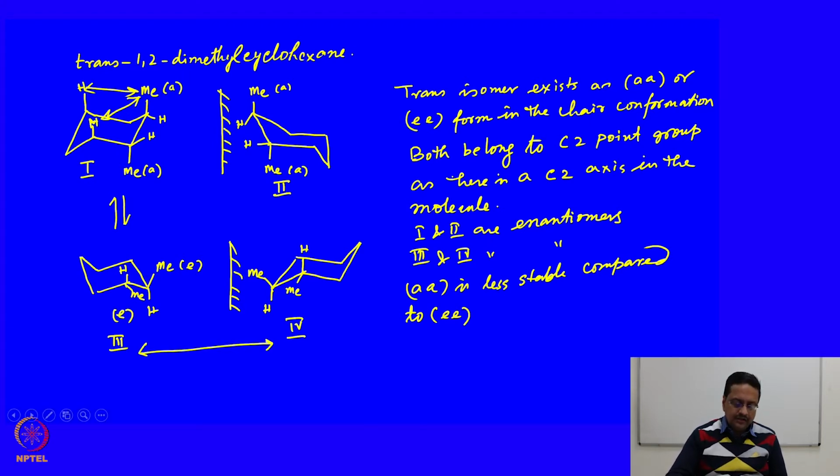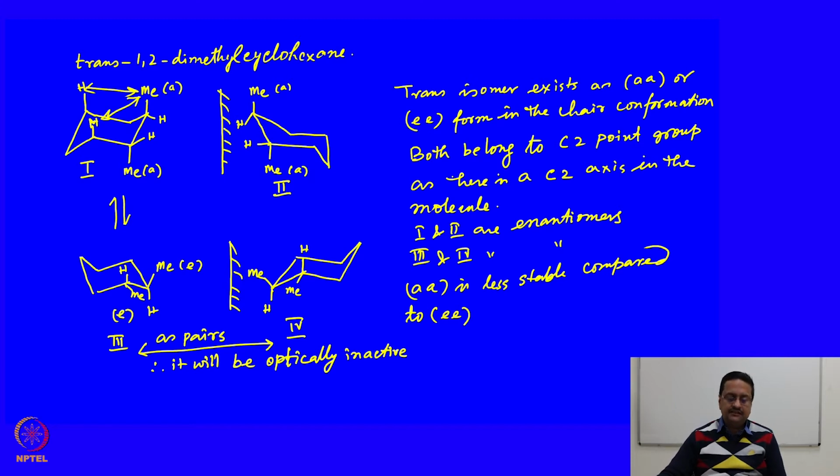So, we will always have, in solution or in the liquid state at room temperature, the excess of these EE conformers, and this will also always exist as pairs, and therefore, it will be optically inactive, because these two cannot be resolved and we cannot separate one enantiomer from the other.